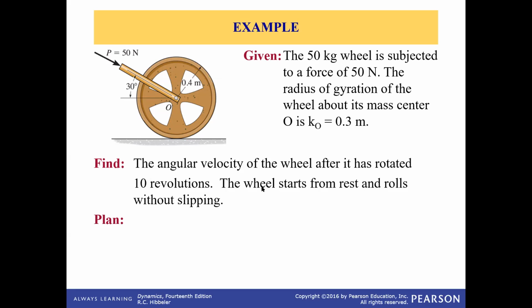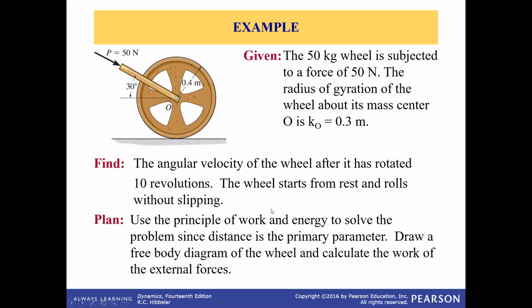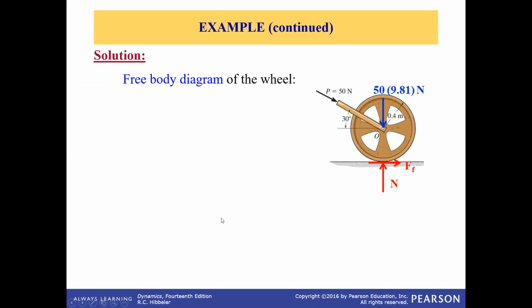The wheel starts from rest and rolls without slipping. All right. So let's look at the external force here. We can figure out the work done by the external force. Then we can use the principle of work and energy to solve the problem. So let's take a look.